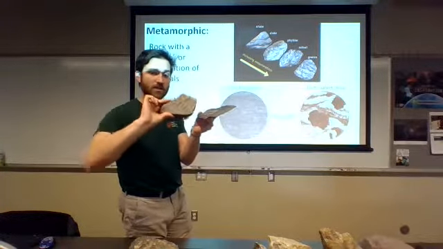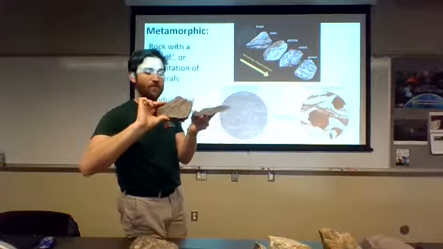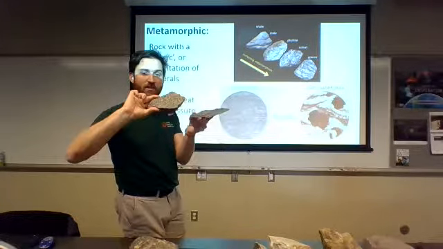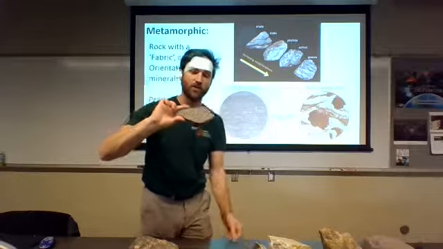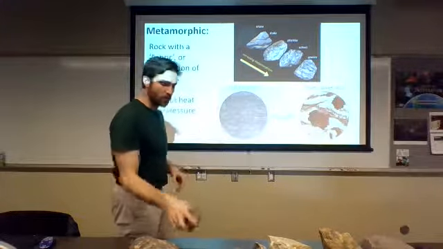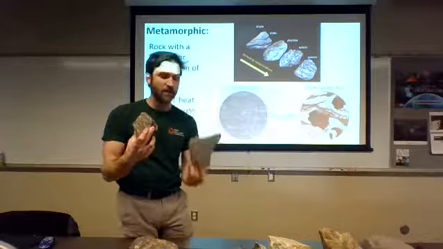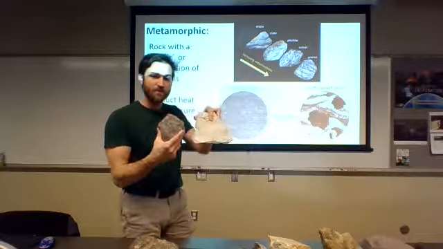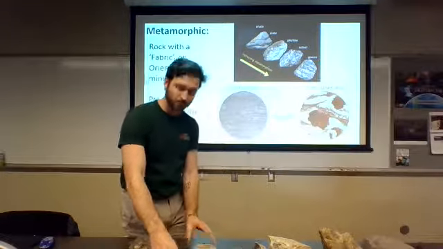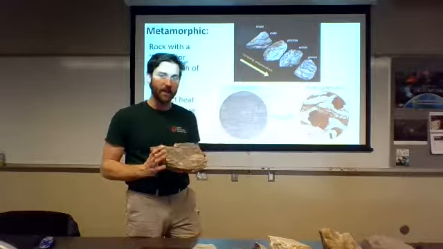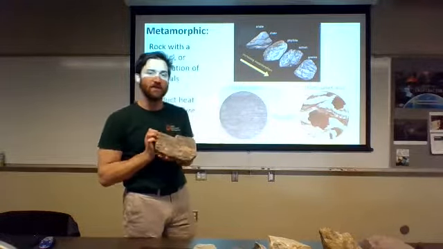Okay, you can see all these sparklies here are all from the mineral biotite, which is another type of mica, like the sheet muscovite I showed earlier. Okay, so schists and slates are two different types of metamorphic rock that are at different metamorphic grades from one another. Or you might have as intense of a metamorphic rock as a gneiss.